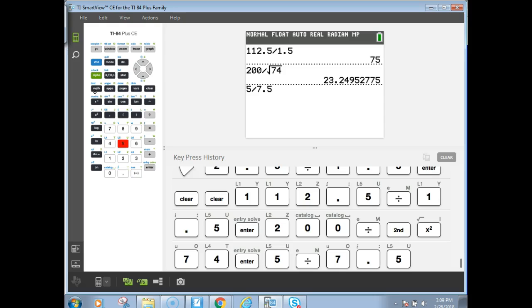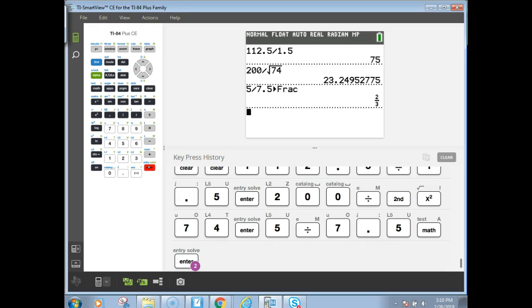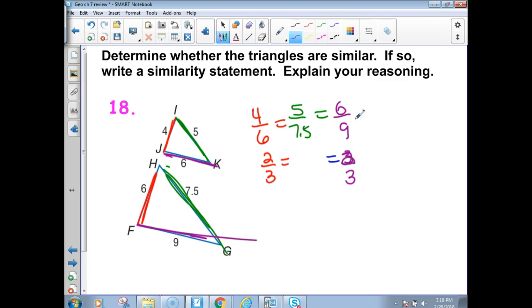And you use your math, enter button. Math, enter. Gives you back a fraction, and guess what? It's 2/3. So, yes, they are similar. Triangle IJK is similar to triangle HFG.